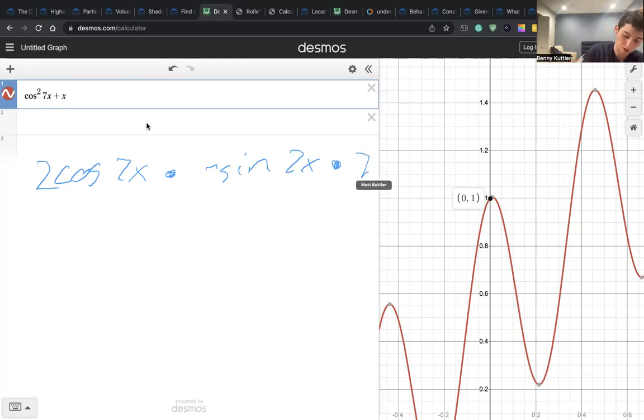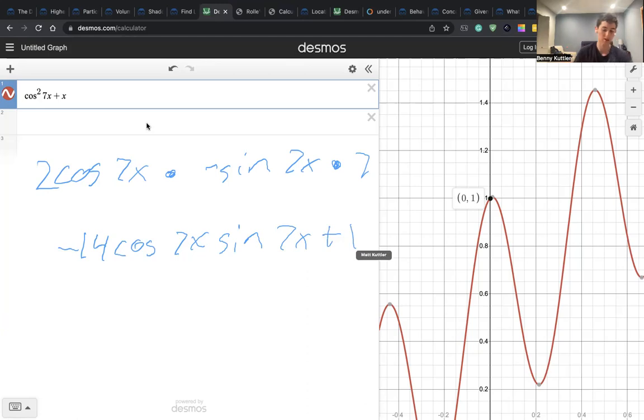So now if we combine this all, we get negative 14 cosine 7x sine 7x. And then derivative of x is just 1, so plus 1. And now we're looking for this at x equals 0.